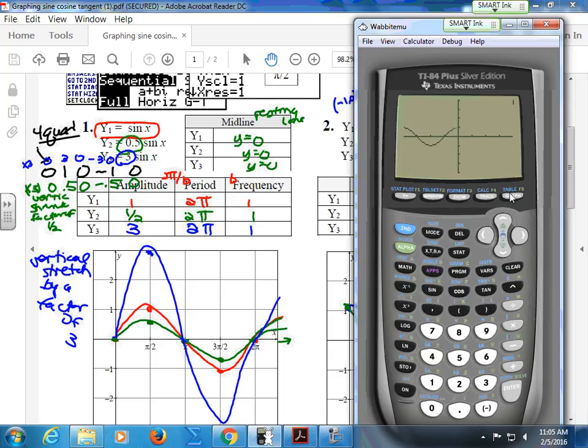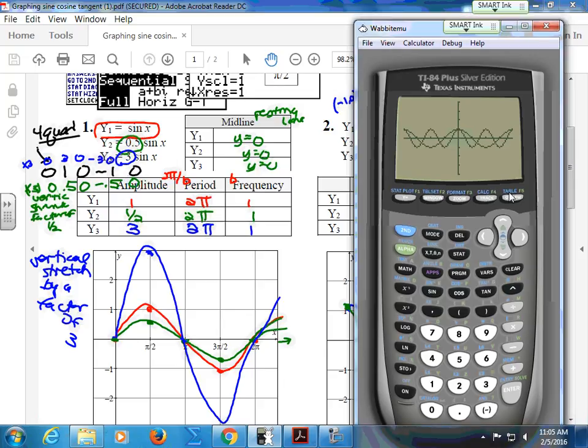Here's my cosine curve. Here's my second one. Looks all well and good. Now, watch up here a second. I need to get this to my paper. So, I look at my table and I say, okay, here's my table.